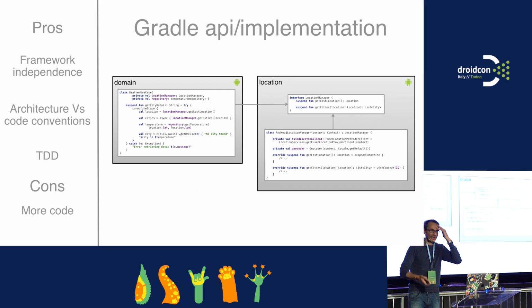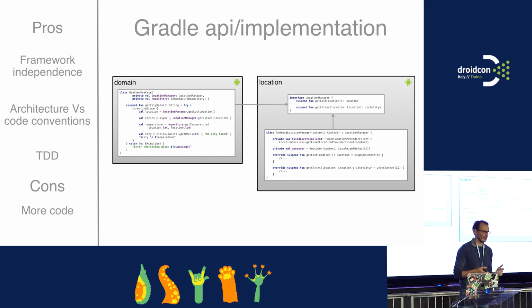We can leverage the API and implementation feature in Gradle. So we can define a low-level module, and the dependencies of the low-level modules can be defined using the Gradle implementation keyword. So basically, if you are using Retrofit, for example, in the low-level module, we can define Retrofit as implementation, so we can't use Retrofit in the domain module.